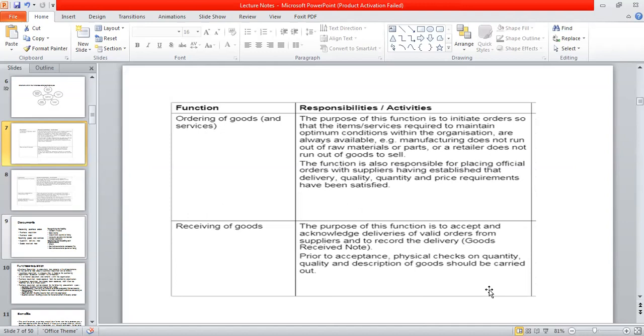For example, in the case of maybe a manufacturing company, they will make sure that the raw materials will not run out. Or maybe in the case of a retailer which is selling some goods or services, to make sure that the goods will always be available. So the function of this team will be to check the levels of their stock and make orders wherever necessary.